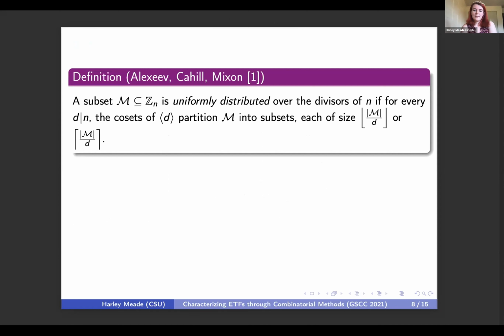And this is from a paper by Alexeev, Cahill, and Mixon. If we have some subset of Zn, not a subgroup, just a subset, different sets work pretty well here, we say that it is uniformly distributed over the divisors of n if for every divisor of n, the cosets of the subgroup generated by the divisor partition your subset into smaller subsets that are basically the same size. So this floor and ceiling means they're going to differ by at most 1.